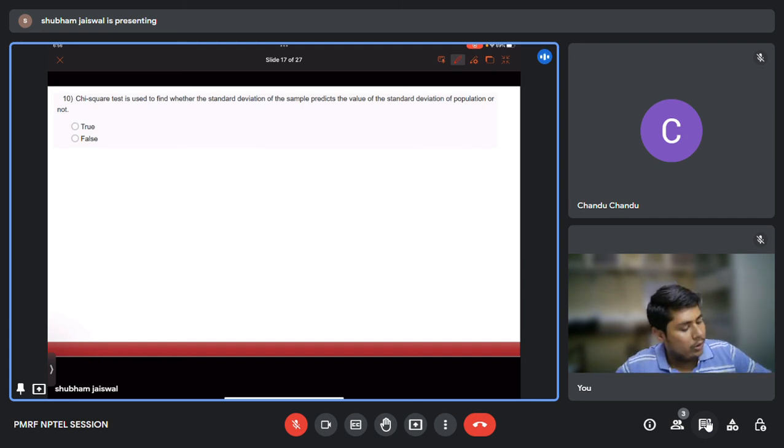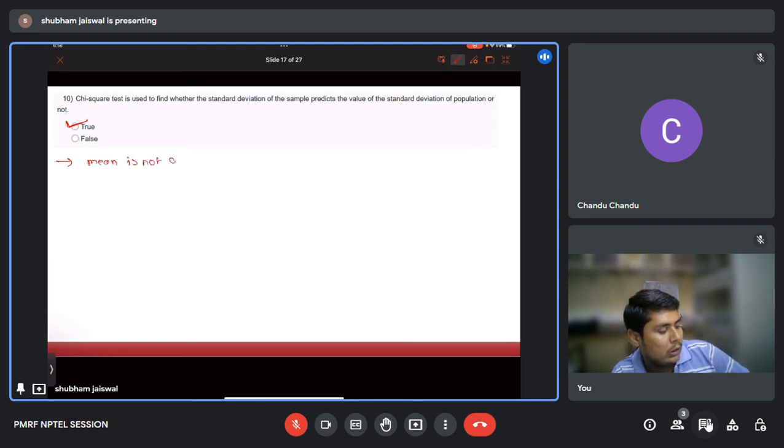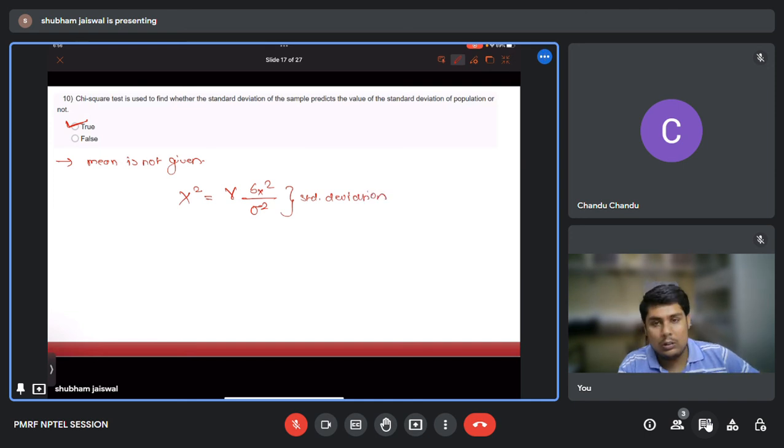So it's true. When do we use chi-square? When the mean is not given and we only know the standard deviation. If you see the equation of chi-square, both of these are standard deviations, one is the sample standard deviation and the other is the population standard deviation.